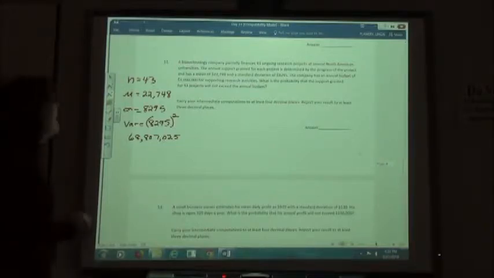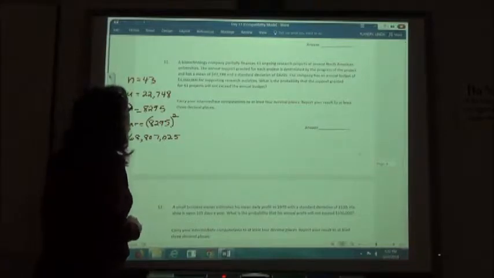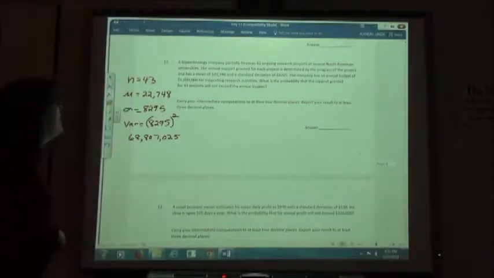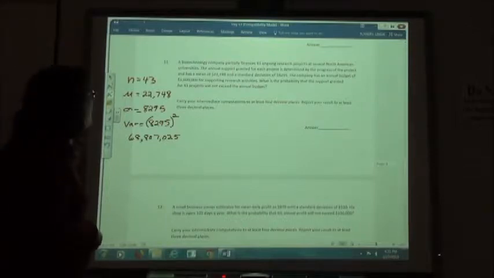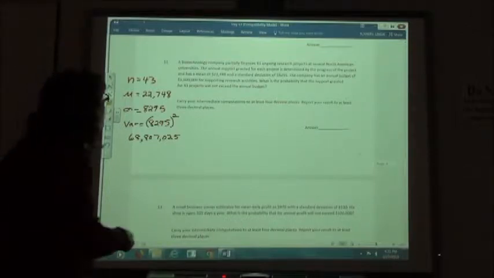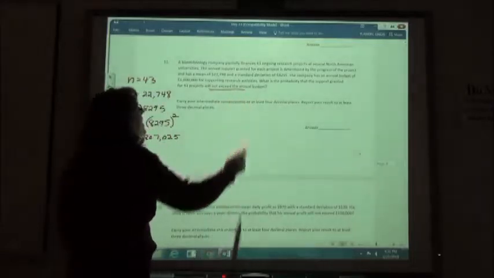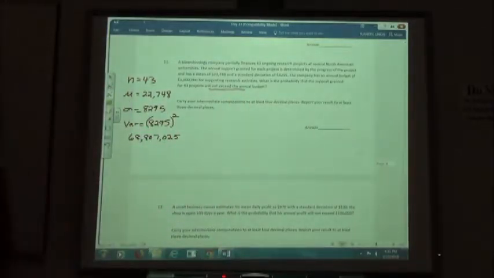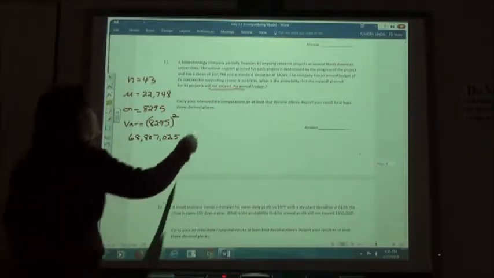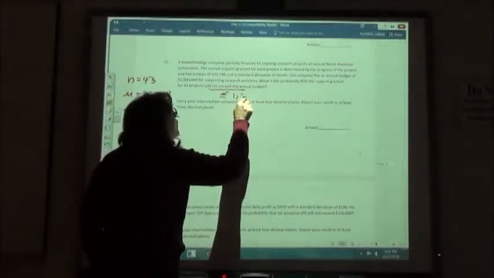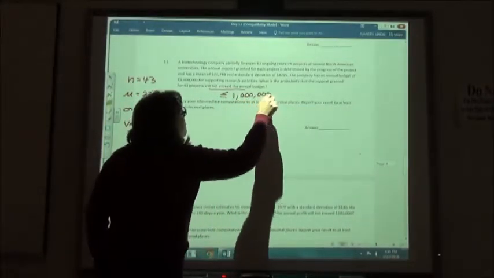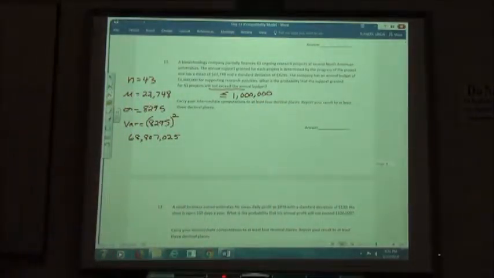The company has an annual budget of $1 million for supporting research activities. What is the probability that the support granted for the 43 projects will not exceed it? If it's not going to exceed, that means it's going to be less than or equal to our $1 million.